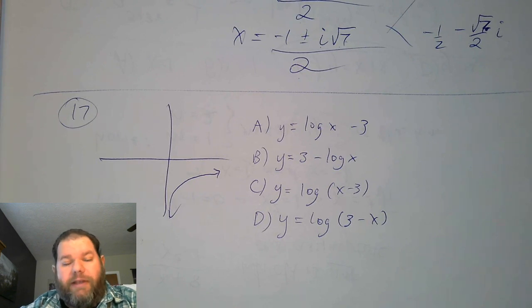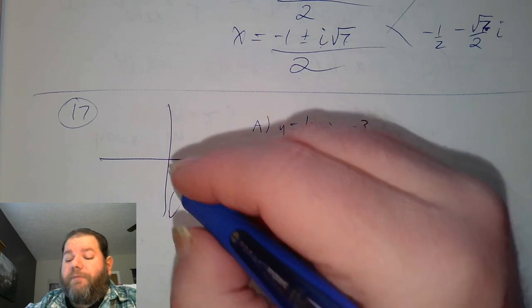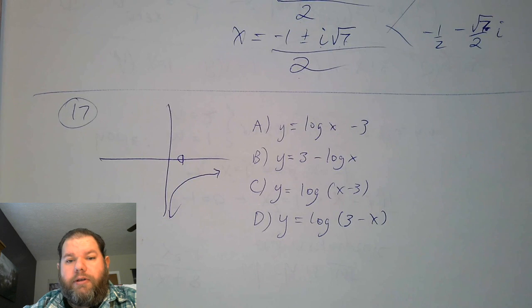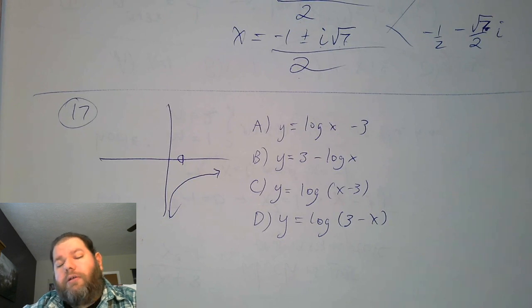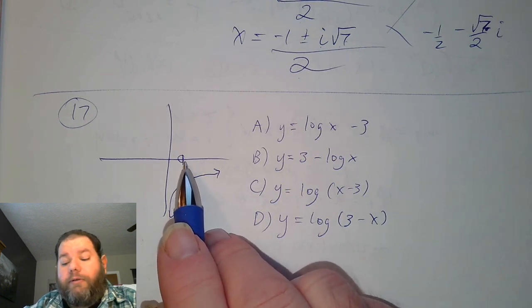And I wanted to list the answers because that's really going to inform us of our options here. Think about where the anchor point for log functions is, and remember that our anchor point is actually here at 1, 0. Right 1, up 0. So we think about, okay, where has the graph been moved from this anchor point location?